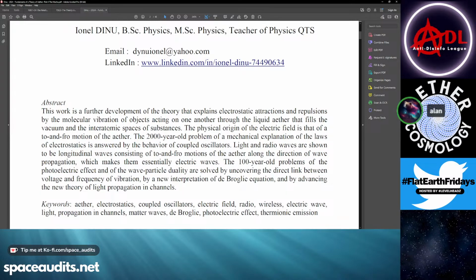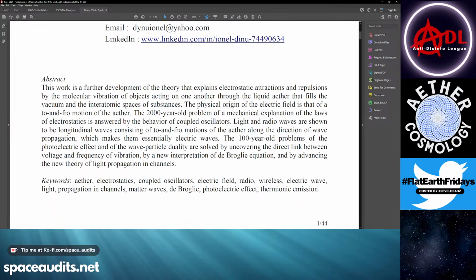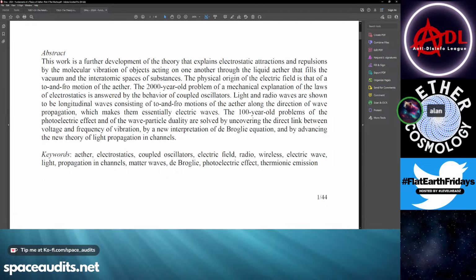Nice. All right, so this is the paper. Abstract. This work is a further development of the theory that explains electrostatic attractions and repulsions by the molecular vibration of objects acting on one another through a liquid ether that fills the vacuum and the interatomic spaces of substances.